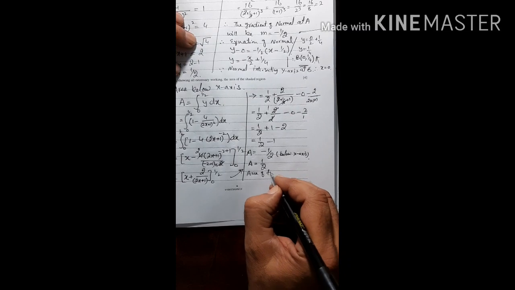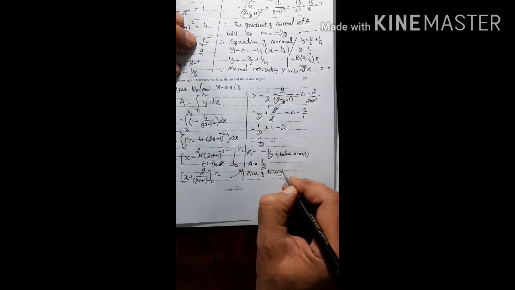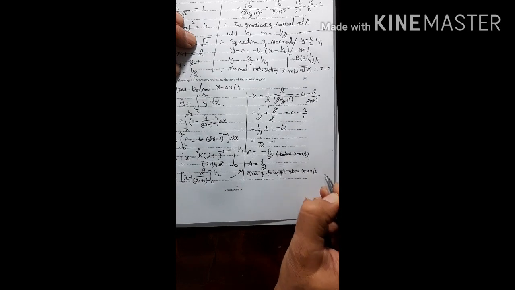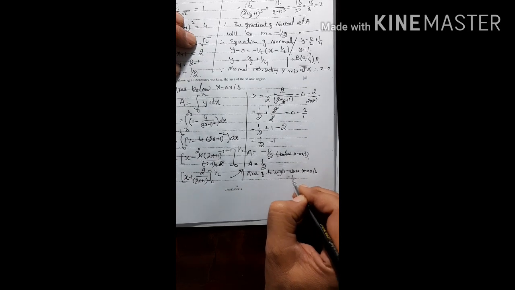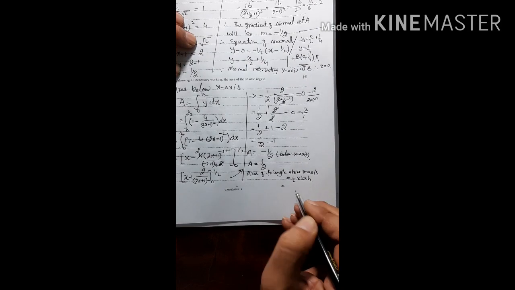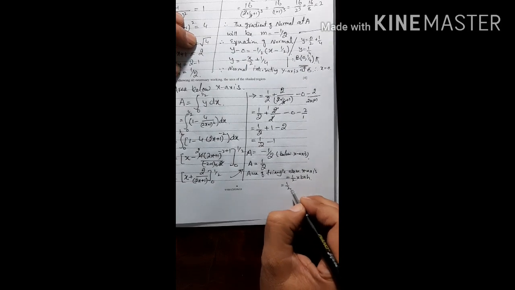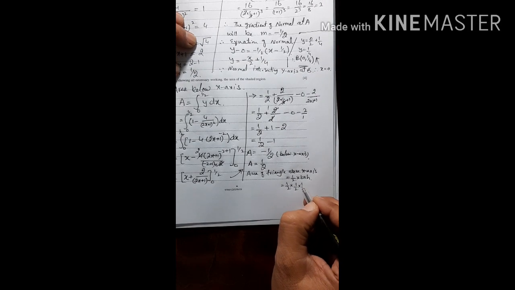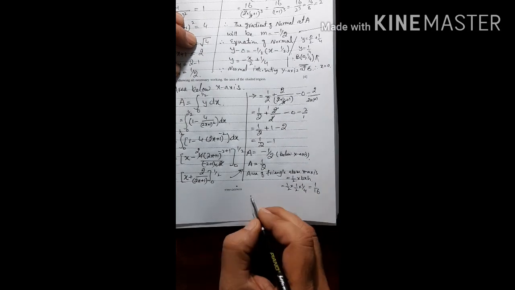Area of the triangle above the x-axis is 1 by 2 into base into height, which is 1 by 2, base is 1 by 2 and height is 1 over 4, which is 1 by 16.